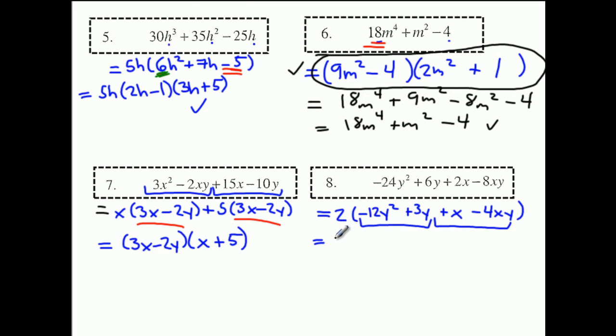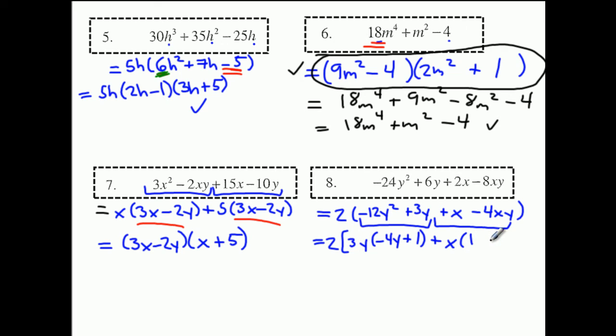So I try those two pairs. From the first two, I can pull out a 3y, and then that leaves me with negative 4y plus 1. And then from the last two, I can pull out just an x.